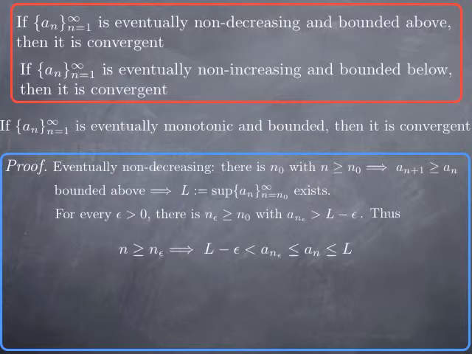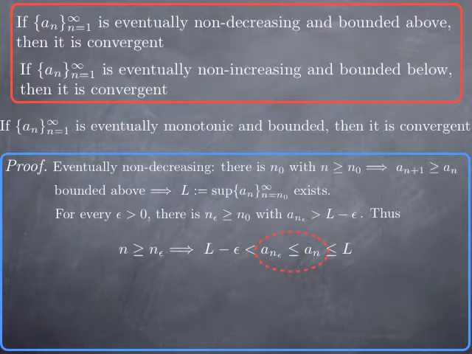But that means that for n greater than this value, L minus epsilon is less than a n epsilon, which is not greater than an, which itself is not greater than L. This inequality is precisely what we just have written, that a n epsilon has been picked to be greater than L minus epsilon.